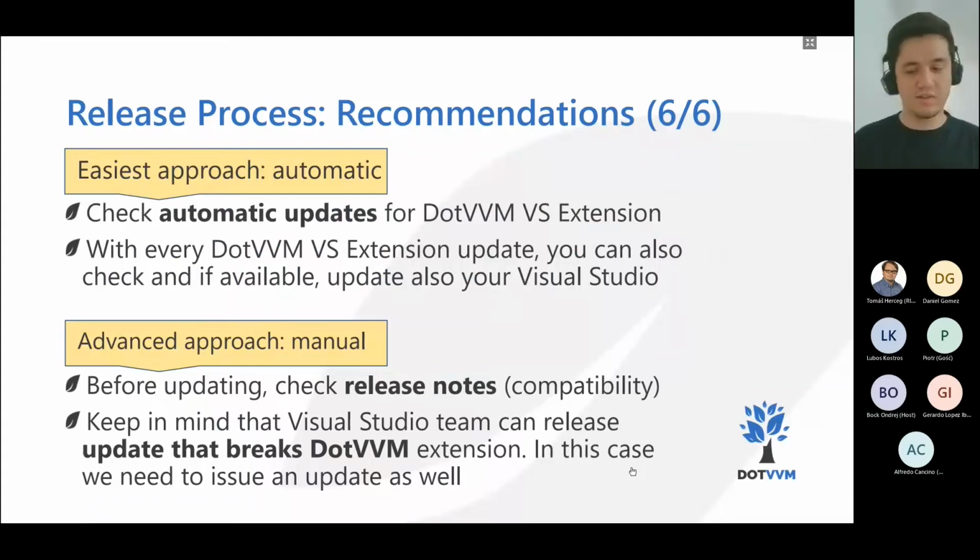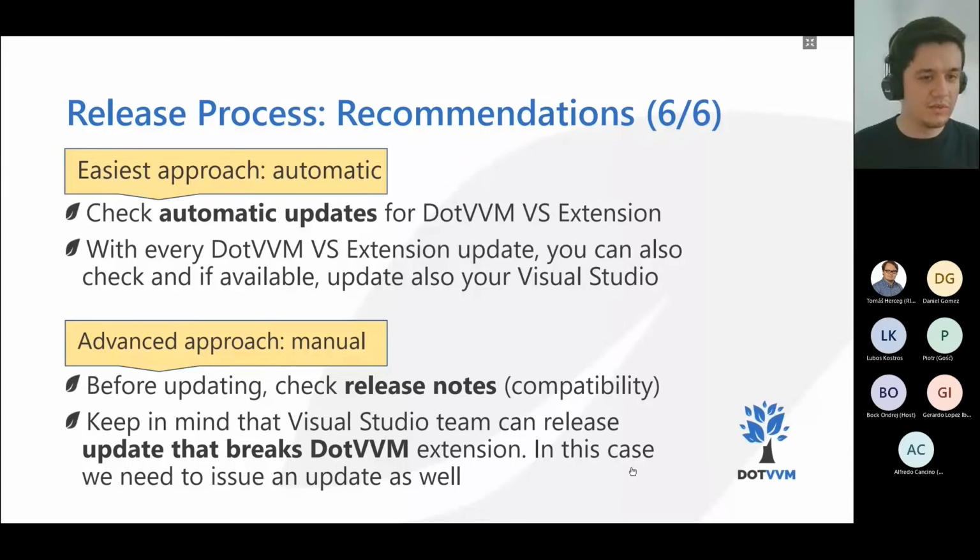And we, of course, support the two latest major versions, Visual Studio 2022 and Visual Studio 2019, and we also provide builds for Visual Studio 2022 Preview. So this is the easiest way.